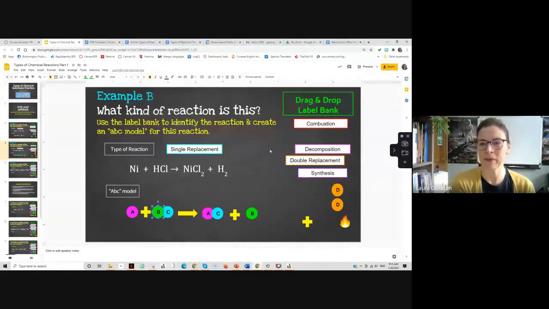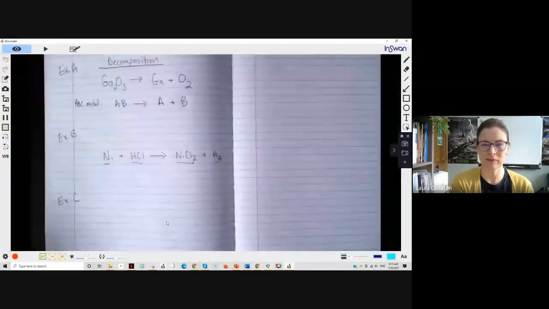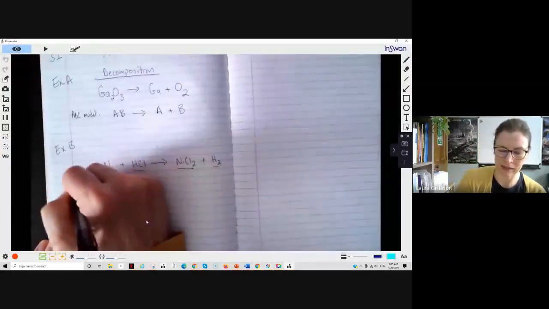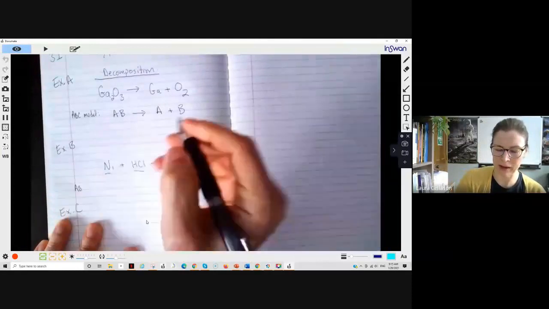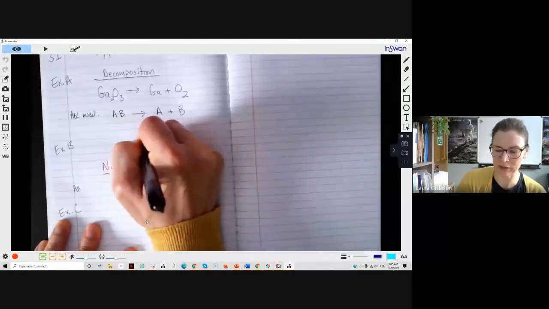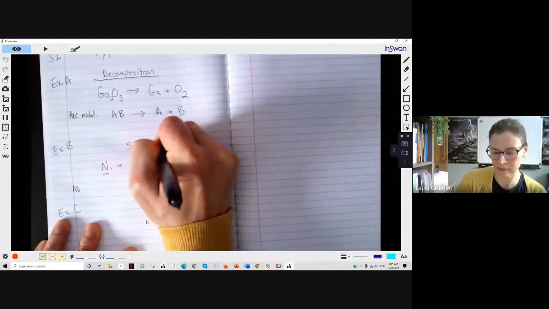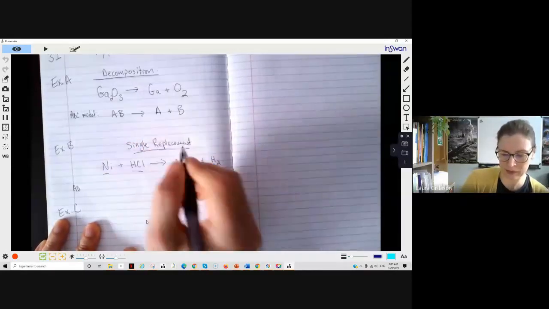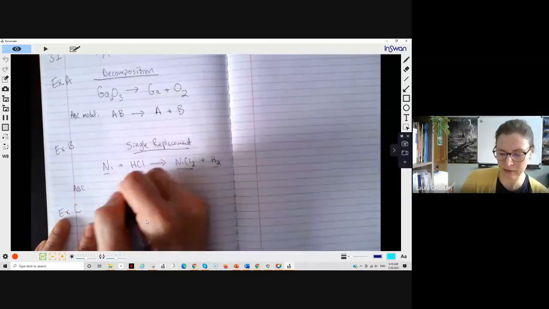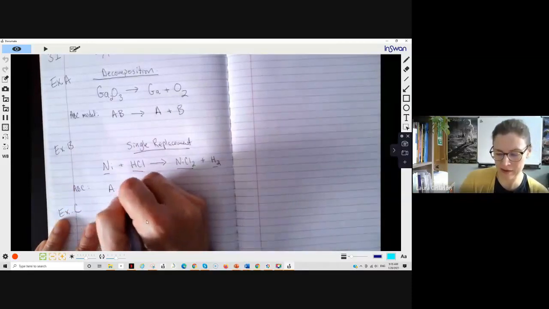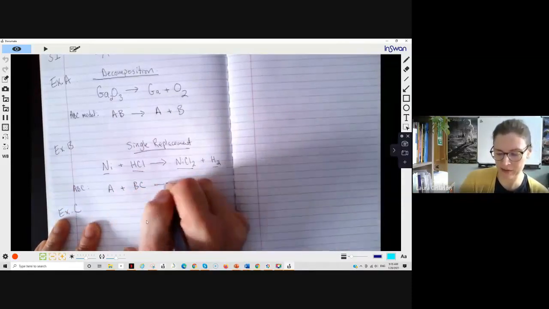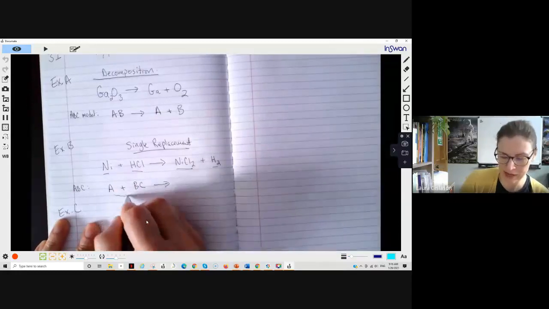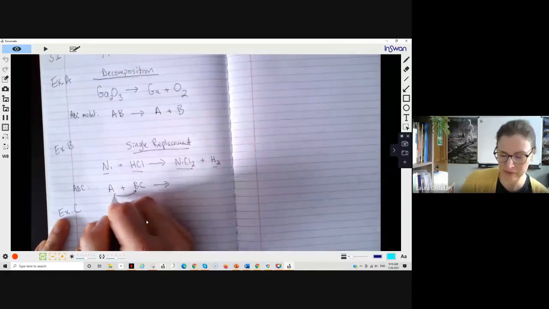All right, so back to our notebook. The ABC model for a single replacement reaction is going to be A plus BC, and then the A and the B are going to swap places.